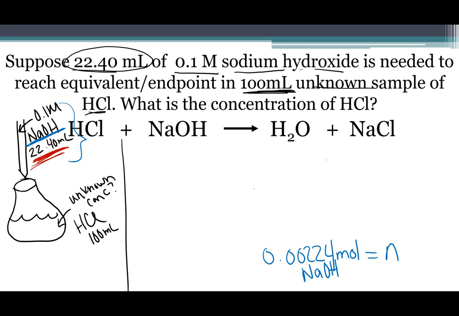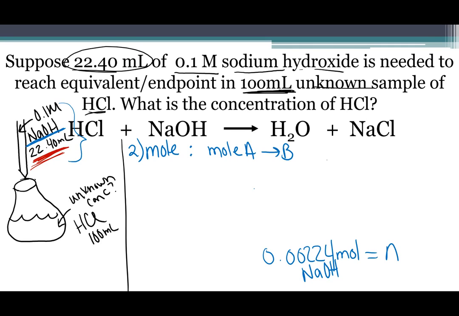All right. So step two was moles, molarity, moles, molarity. This is where we were doing the mole to mole ratio. So moles of A to moles of B, known to unknown, right? Okay.